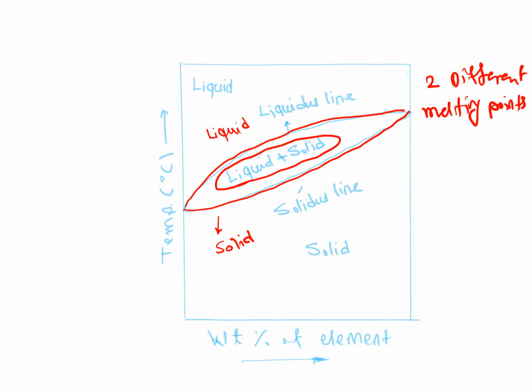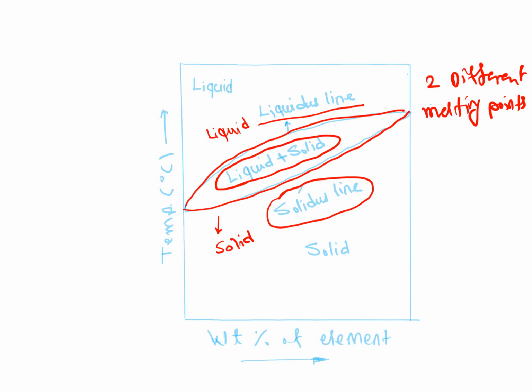So what is the liquidus line? The liquidus line is the line above which the component or element is in the liquid state, and the solidus line is the line below which the component or element is in the solid state.